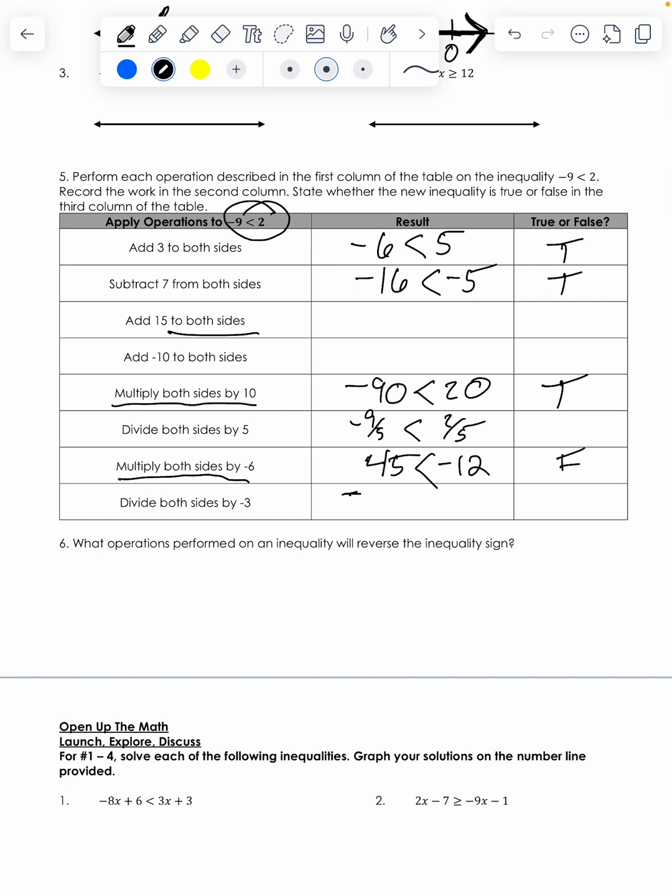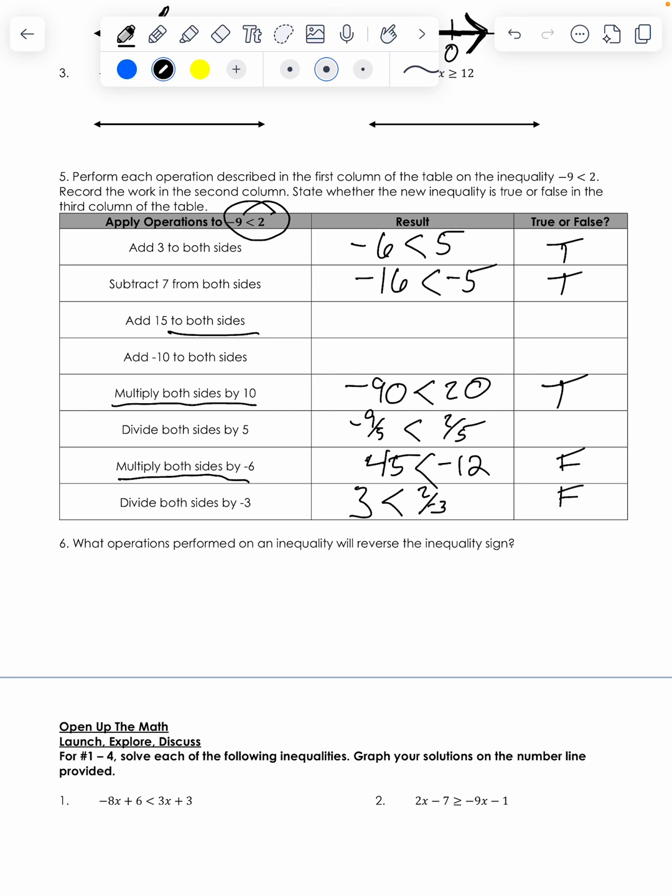Same goes for dividing. -9 divided by -3. That is a positive 3, right? And 2 divided by -3. Well, that's 2 over -3. And we know that's also false.